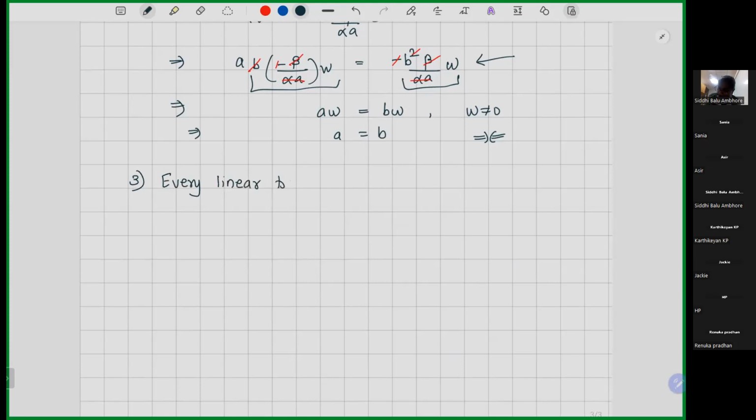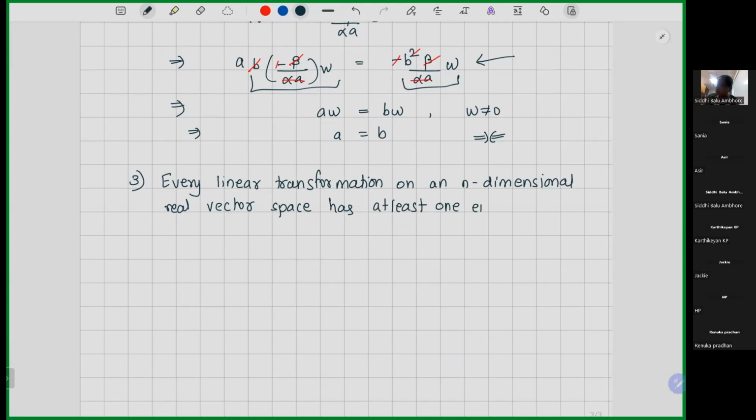Every linear transformation on an n-dimensional real vector space has at least one eigenvalue.